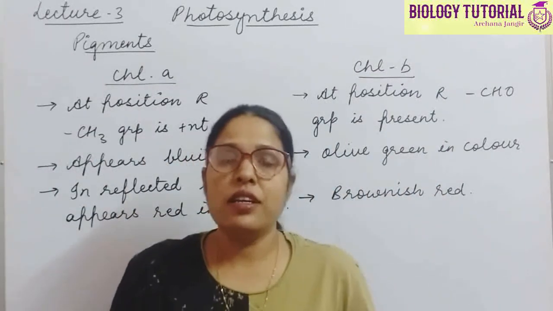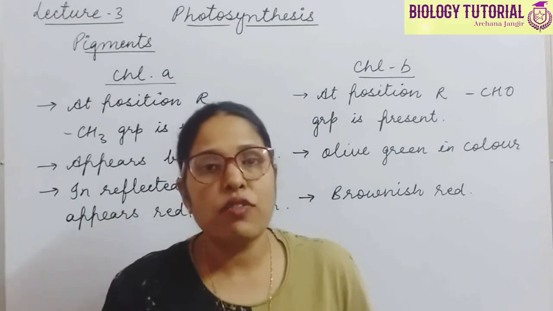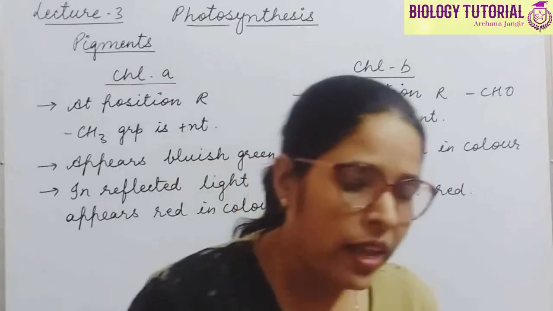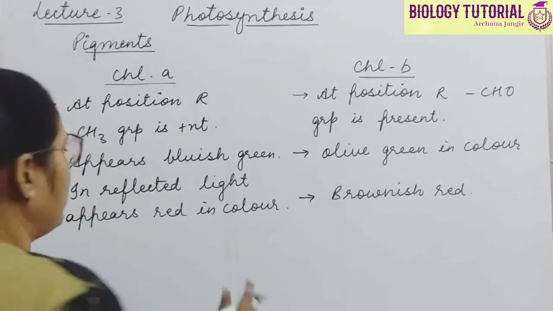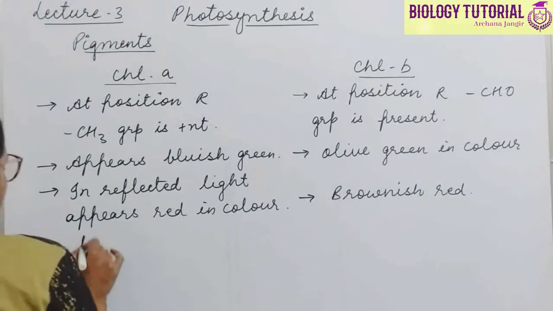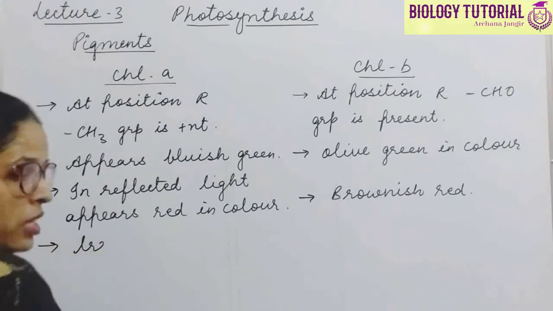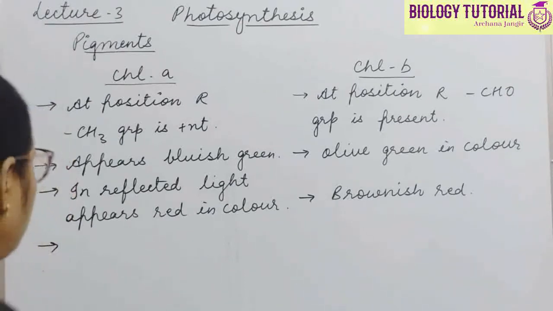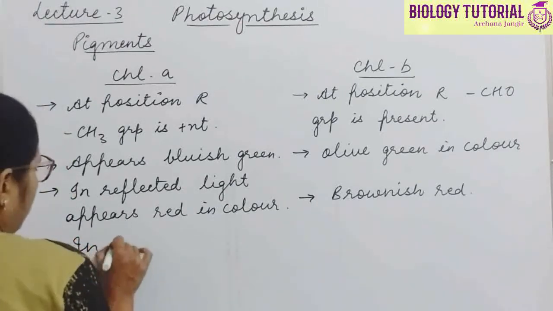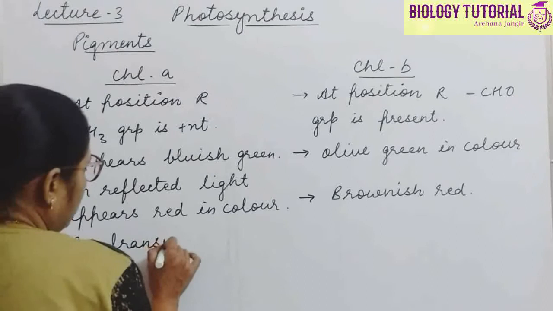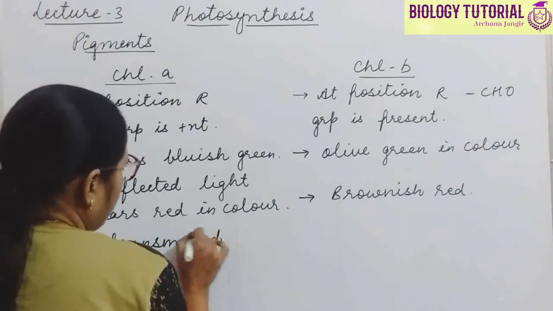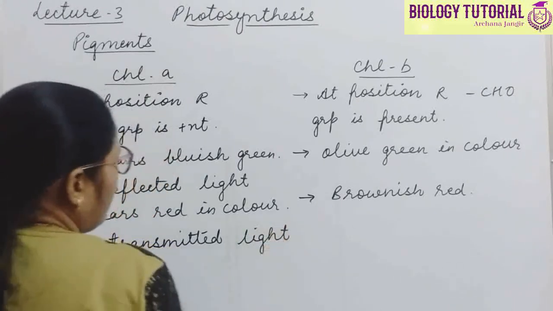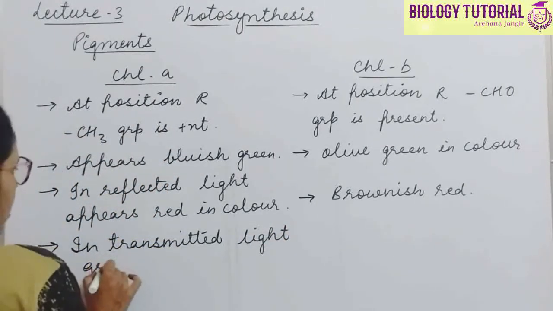Next one is transmitted light. What is the color of chlorophyll A and chlorophyll B? In transmitted light, chlorophyll A appears green in color.